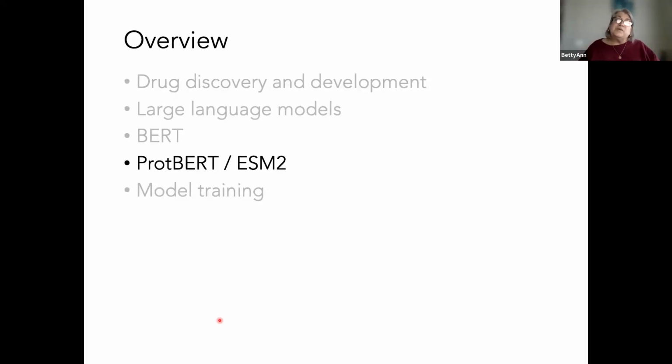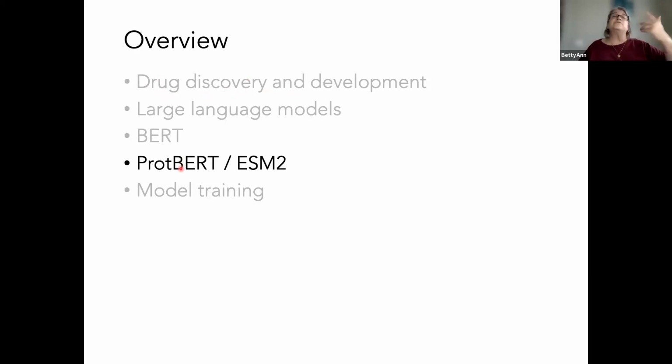So now that I've talked a bit about BERT, again, we started with the large language model, then we talked in particular about BERT, bidirectional. And now I want to talk about two other models, and they are BERT models, but they're specific to proteins. You may remember the first thing we talked about was drugs and dealing with proteins to try to create drugs.